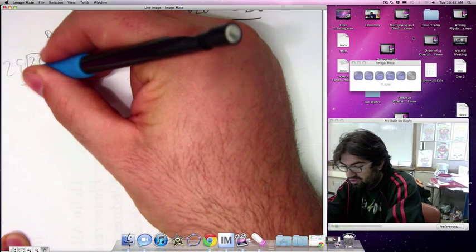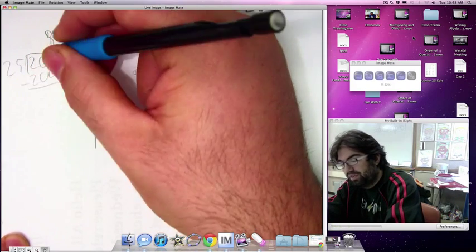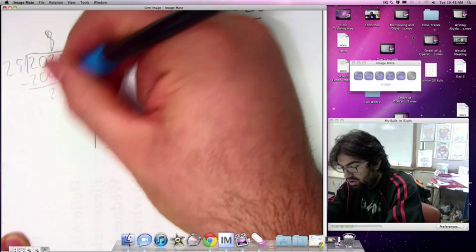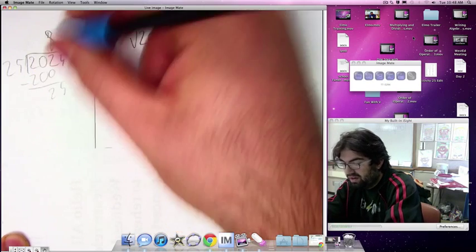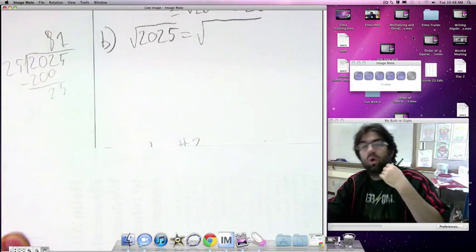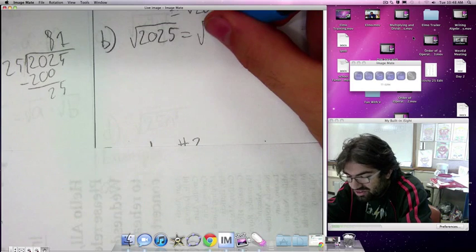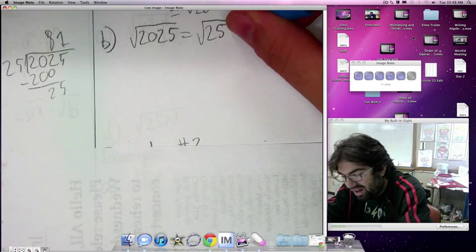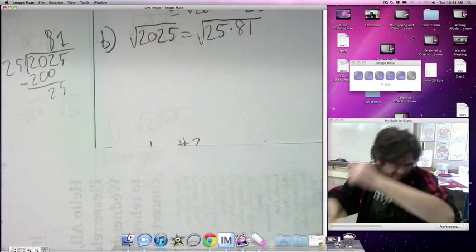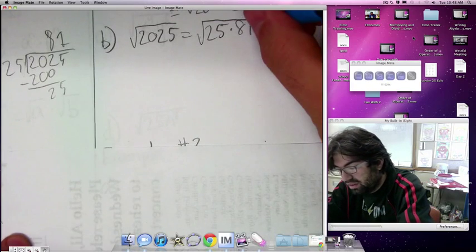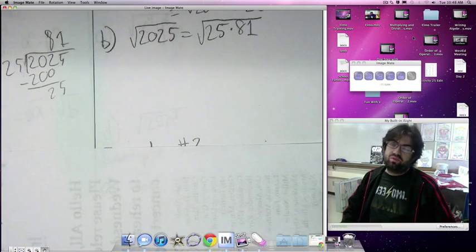So I'm going to minus 200. I'm going to have 2 left over, bring down a 5, and hey, 25 goes into there one time. Holy cow, what did this just turn into? This just turned into 25 times 81.